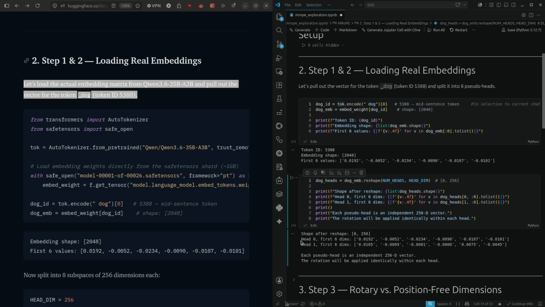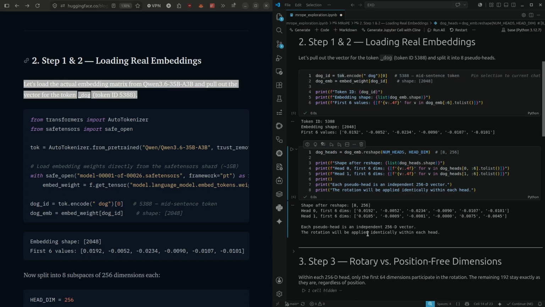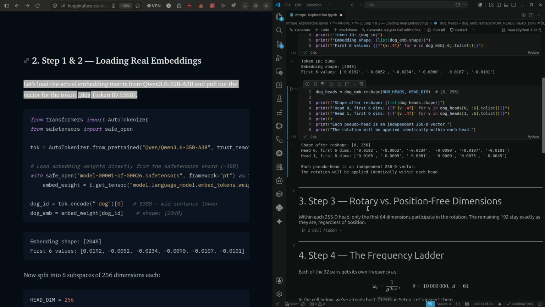Each of these is called a head, and these are the first six dimensions of the head. You can think of these as individual vectors, each of 256 dimensions. And remember, we will rotate within each of those. That was the next step.